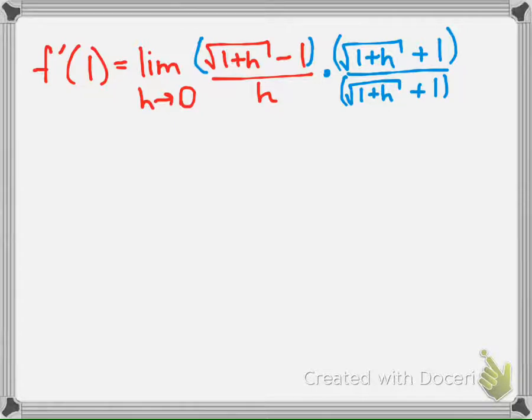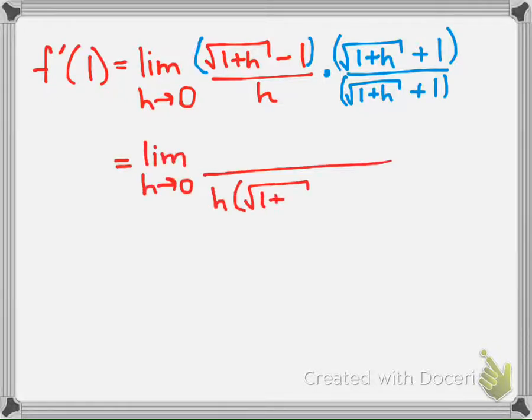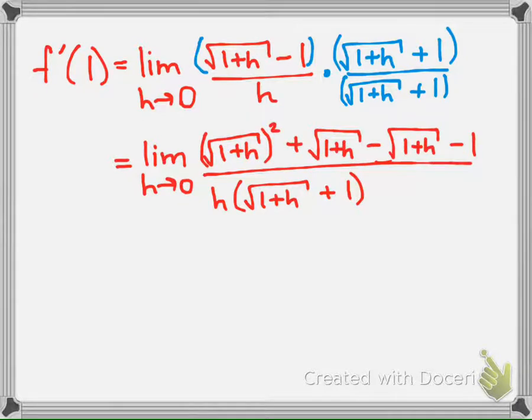What happens here, it seems like it's more complicated, but when I multiply through, I get the limit as h goes to 0. That denominator is kind of weird. And then I multiply each term in the numerator. So I get square root of 1 plus h squared plus square root of 1 plus h minus square root of 1 plus h minus 1.